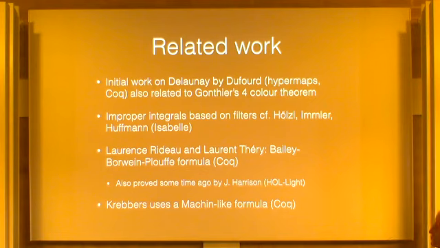Other people who try to do fast computation for pi, for example, inside Coq, there was Robert Krebbers in Nijmegen. He uses a Machin-like formula, but it doesn't go beyond 1,000 digits. What do you mean by this Machin-like formula? So Machin is the name of a Scottish mathematician.